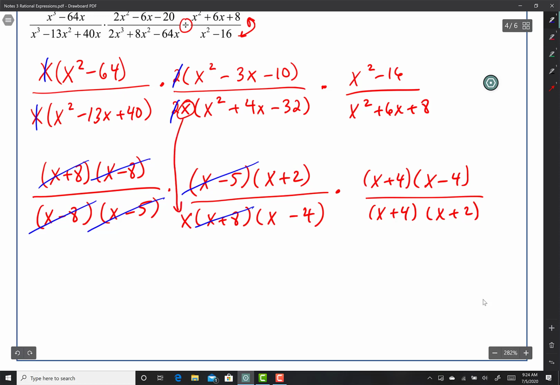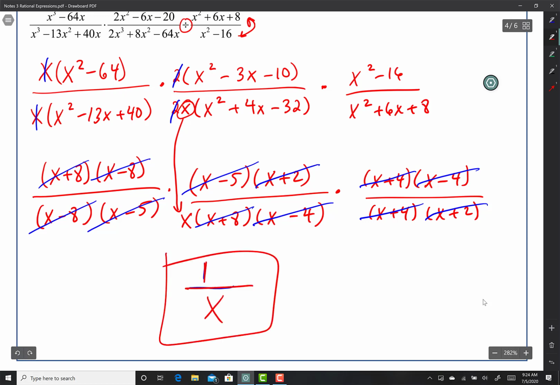All right, let's continue. X plus 2, x plus 2. X minus 4, x minus 4. X plus 4, x plus 4. So this one, in the numerator I have nothing, so 1. And in the denominator I have an x. 1 over x. So this one is a positive 1 over x.